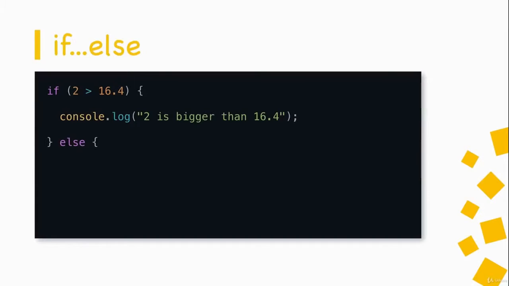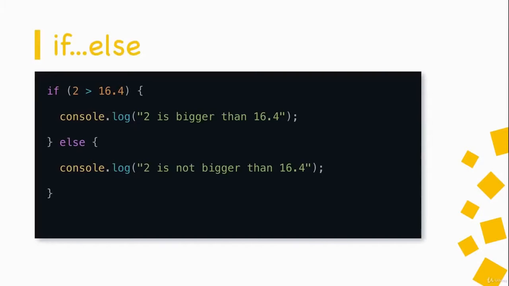In this case, if the condition is false, we will log to the console 2 is not bigger than 16.4. So console.log 2 is not bigger than 16.4. And then we end the else statement with the ending curly brace. And this is a complete if-else conditional block.